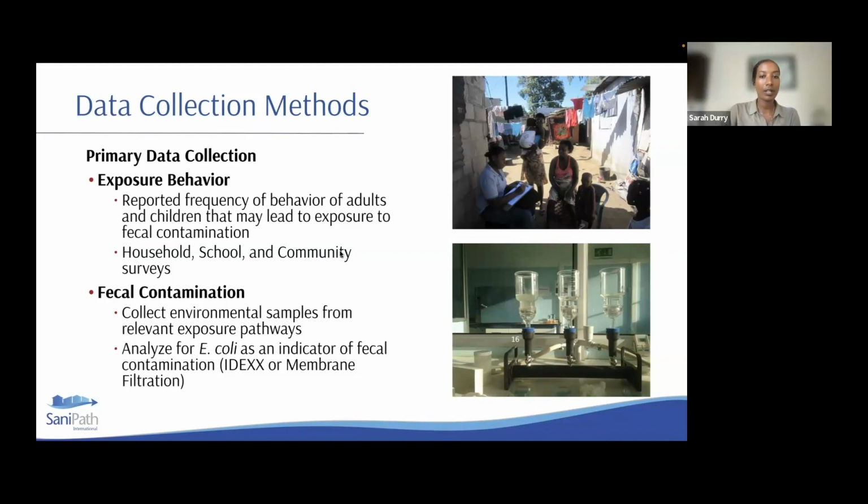On the environmental fecal contamination side, data on the location and magnitude of fecal contamination are collected by taking samples from each relevant exposure pathway. And these are then analyzed for E. coli, a common microbial indicator for fecal contamination. The data is then combined to estimate the relative risk of exposure to fecal contamination.